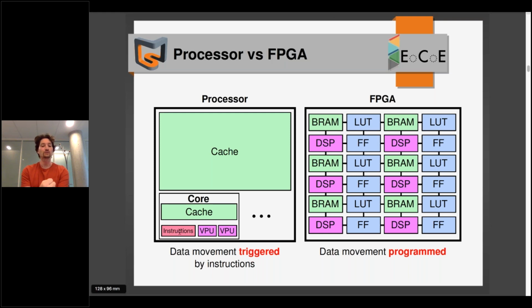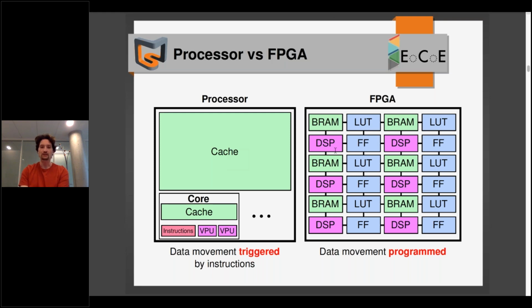If this value is already in the register, then the instruction can be executed, and the floating point operation will be performed. But if it's not, then it will fetch and move this data, from caches, either inside the processor if it's available there, or from memory if it's not available in the cache. So in a processor, data movements are triggered by instructions.